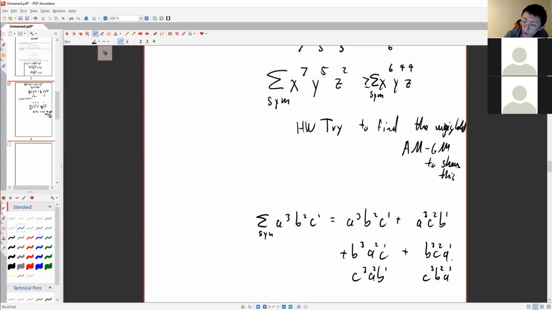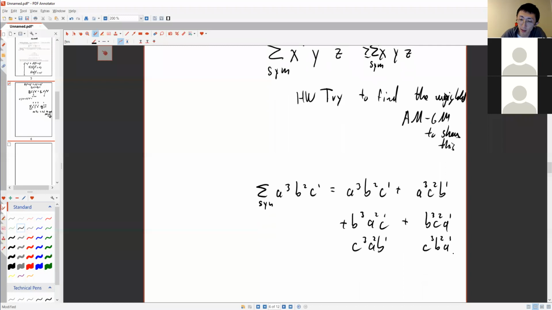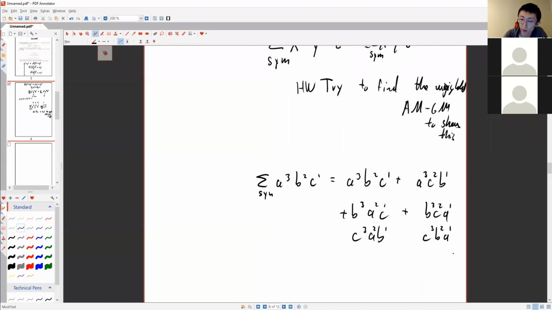So in the language of group theory, you're applying the symmetric group to the ordered set a, b, c on 3 variables. So that's what that means.